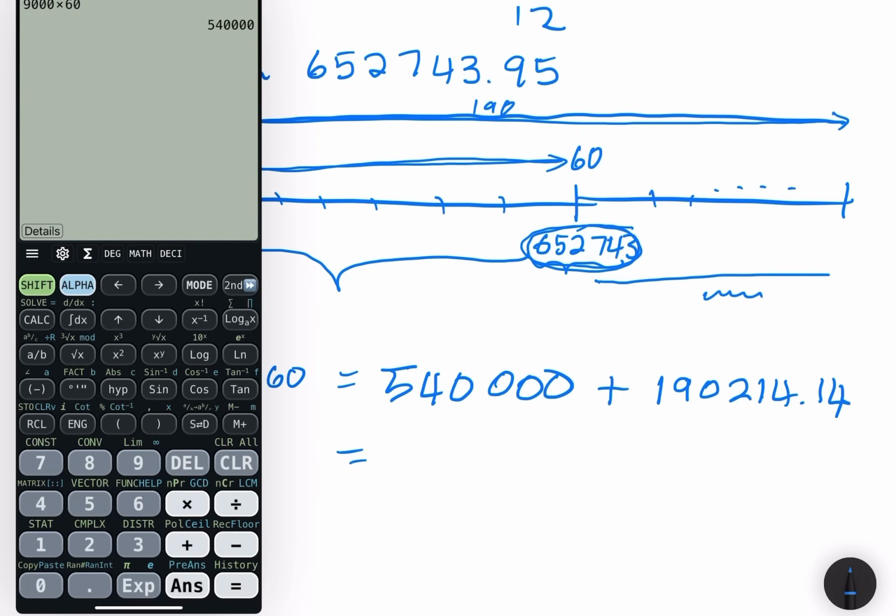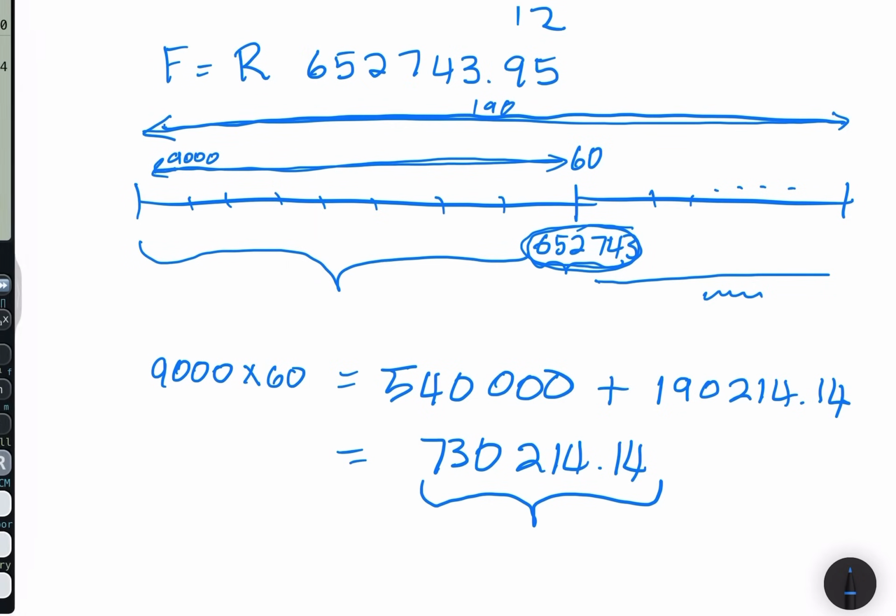Okay. And then I'm going to add the interest that accumulated over the entire period. So this is plus 190,214 and 14 cents. Okay, so this amount gives me 730,214 and 14 cents. So this is the entire amount that accumulated in that account over the period.